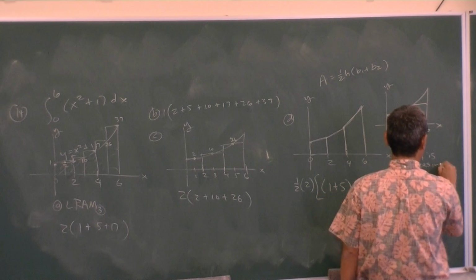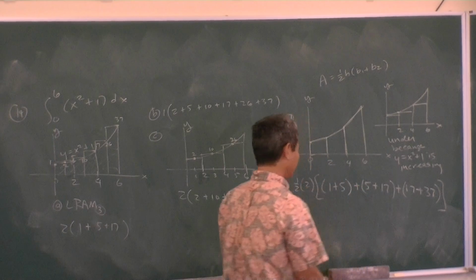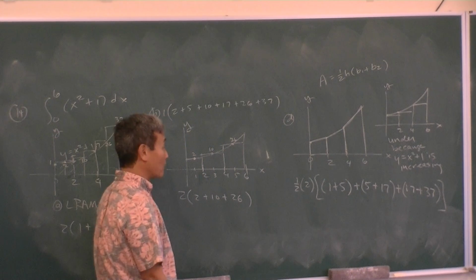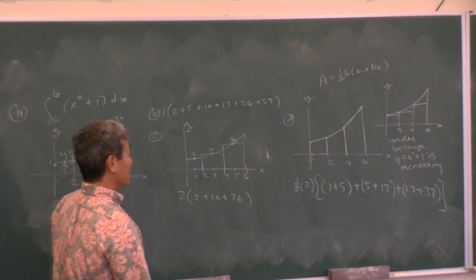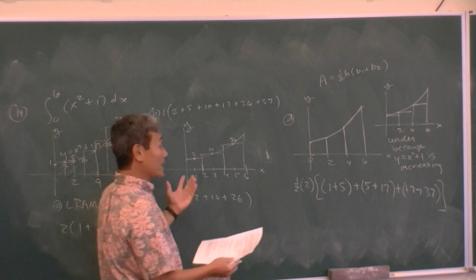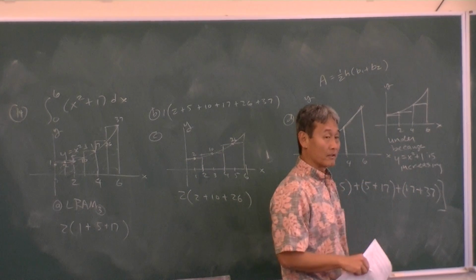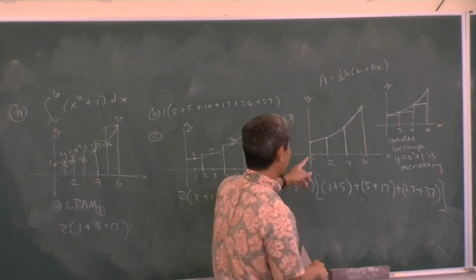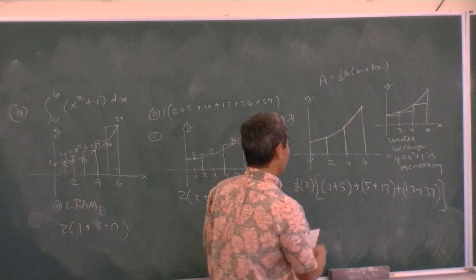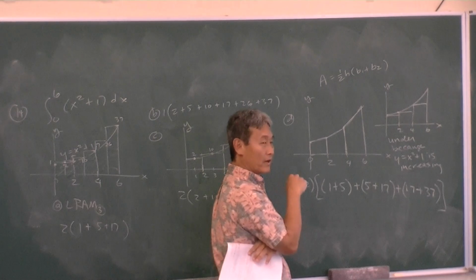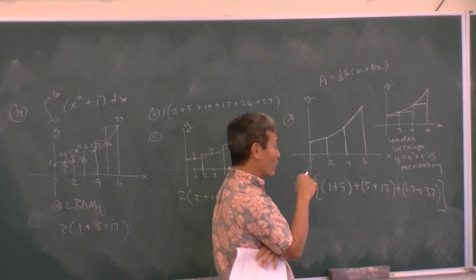Just saying increasing is good enough. What determines whether it's going to be underneath or above is whether it's increasing or decreasing, right? Okay, but what about the trapezoidal rule? In this problem, is it an under or over estimate?